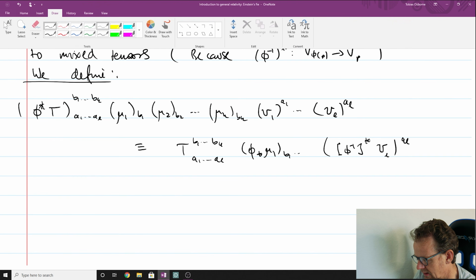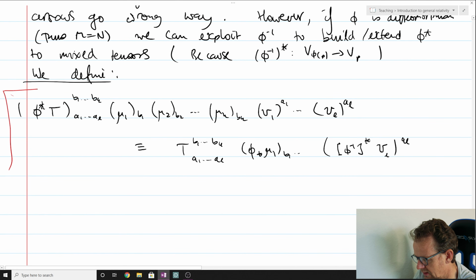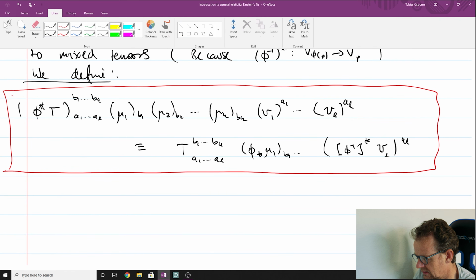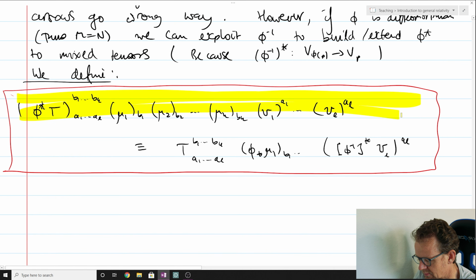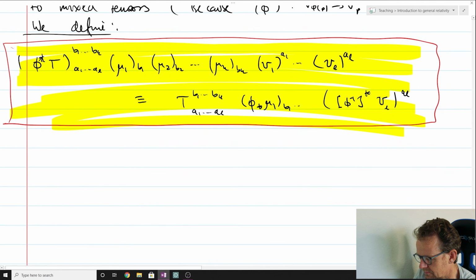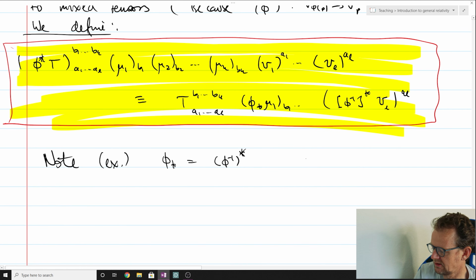And that in turn has allowed us to define an action of phi, and implicitly thereby of course phi inverse, on mixed tensors now. And of course there's an implicit condition here, in order for this to be well defined: phi star has got to be equal to phi inverse star. You better check that. It's important for things to be correct.